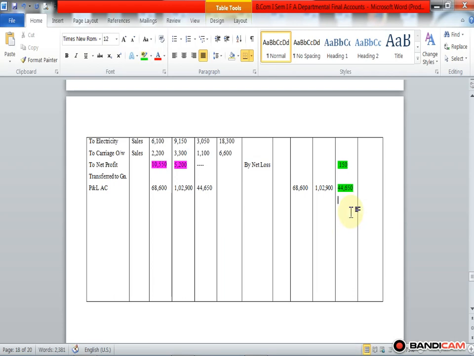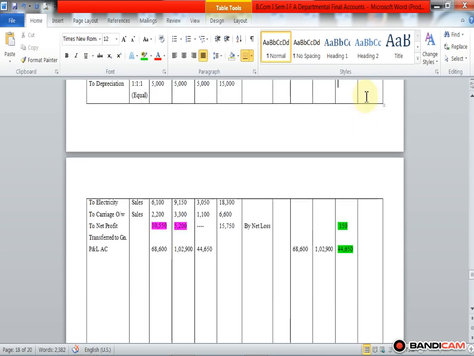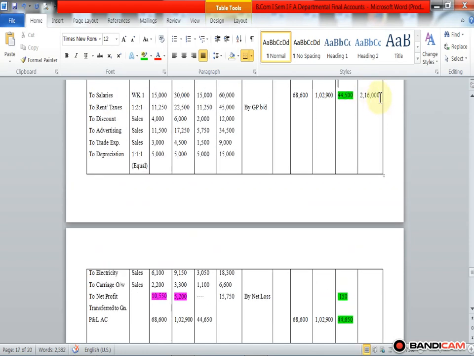The total net profit is not yet found by us, so find out the total net profit. Total net profit is equal to 15,750, and total net loss is equal to 150. Sorry, we forgot finding out the total net profit and total net loss.